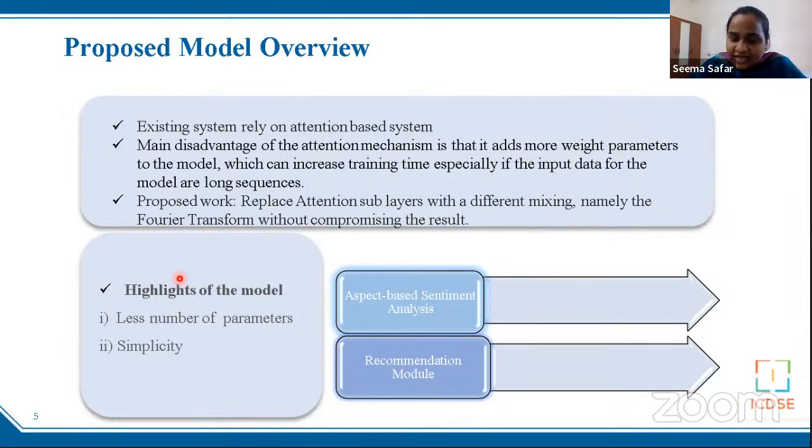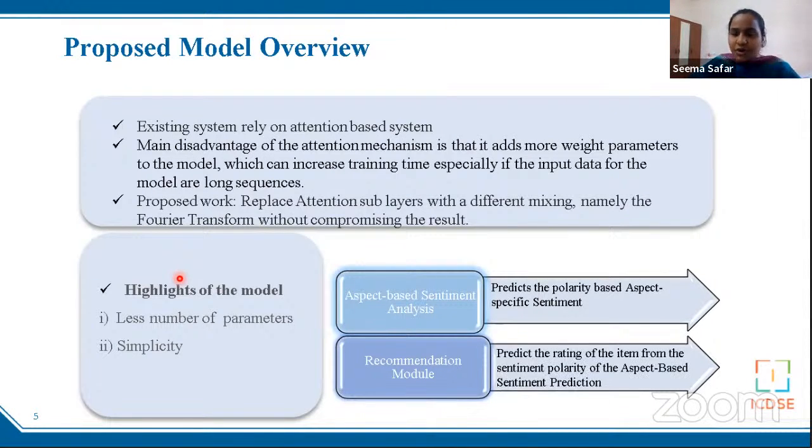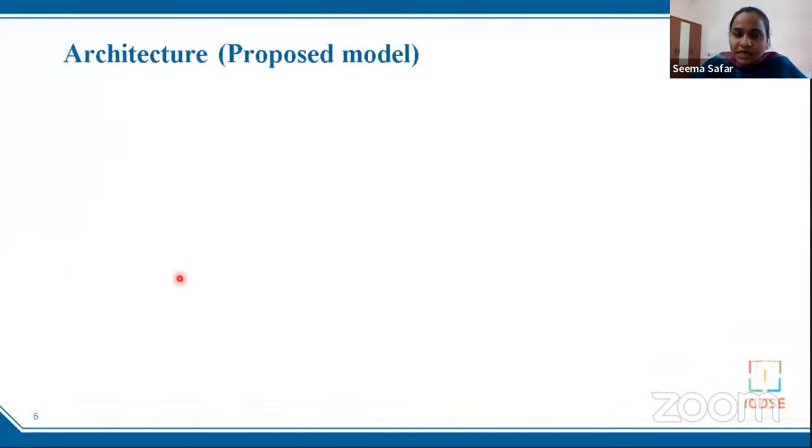The aspect-based sentiment analysis part mainly focuses on predicting the polarity of the aspect-based sentiment. The input will be a review, and the recommendation module will predict the rating of the item from the sentiment polarity calculated by the aspect-based sentiment analysis part.